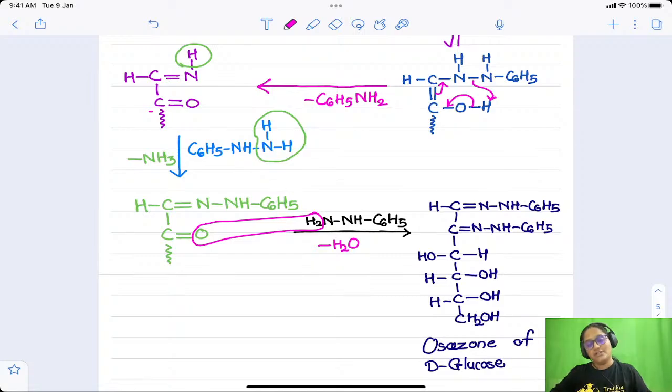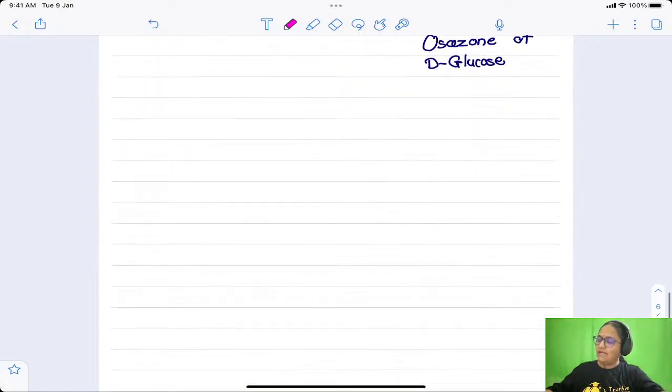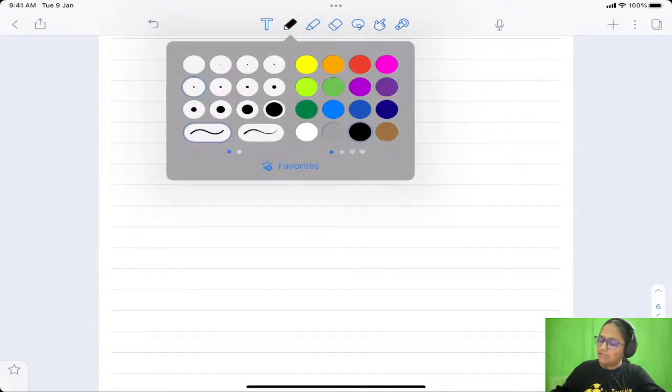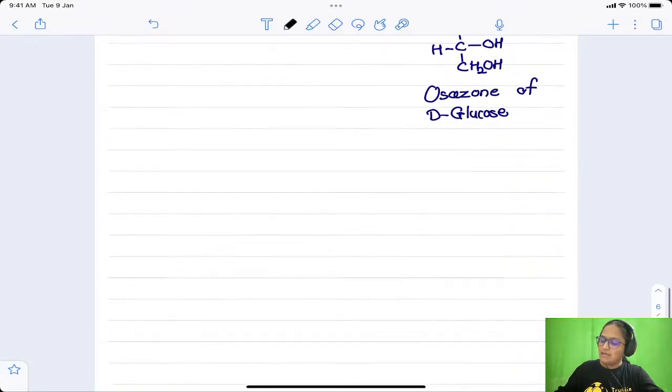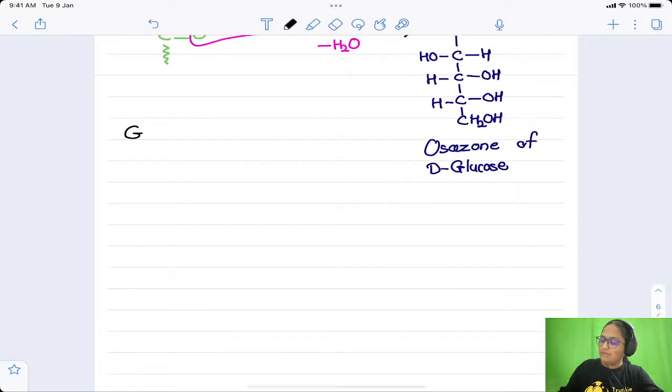Now, if in general I want to write down the mechanism for any aldohexose or aldose sugar, not only aldohexose, I can write it down, right? Just like glucose, all others also will react in the same manner. So I am going to write down that reaction now.